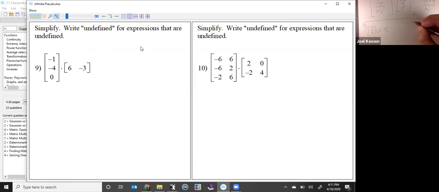And then number 10, -6, 6, -6, 2, -2, 6, 2, 0, -2, 4.